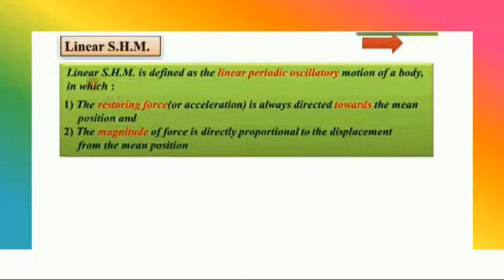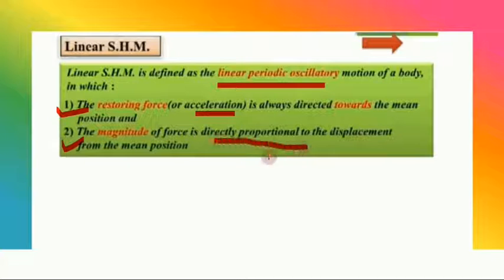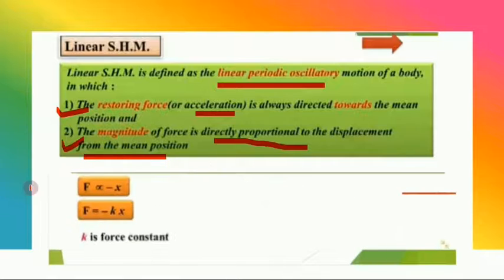So we have discussed that linear simple harmonic motion is defined as the linear periodic oscillatory motion of a body in which, number 1, the restoring force or acceleration is always directed towards the mean position. Secondly, the magnitude of force is directly proportional to the displacement from the mean position. Since F is directly proportional to minus x, F is equal to minus kx, where k is the force constant.